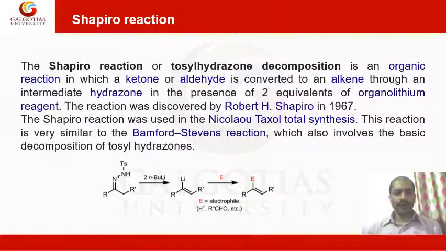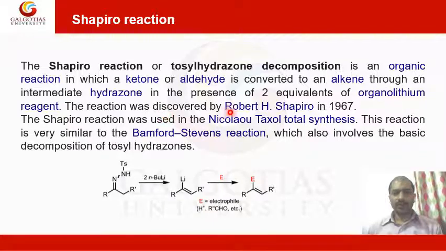Now we can see the reaction mechanism of the Shapiro reaction. The Shapiro reaction, also known as tosyl hydrazone decomposition, is an organic reaction in which a ketone or aldehyde is converted to an alkene through an intermediate hydrazone in the presence of two equivalents of organolithium reagent.